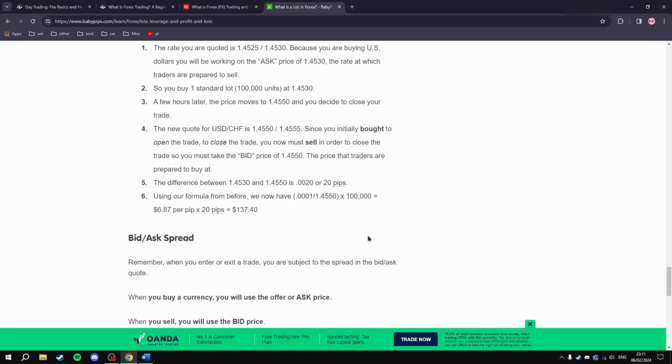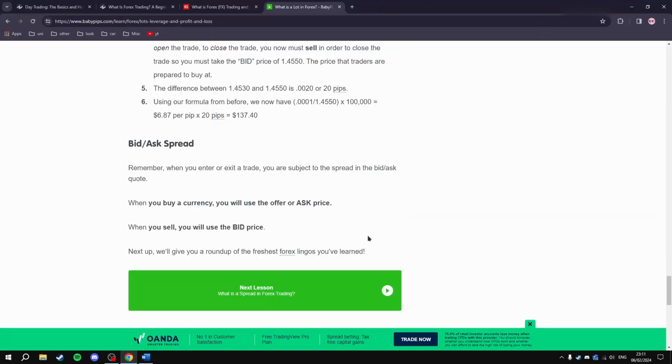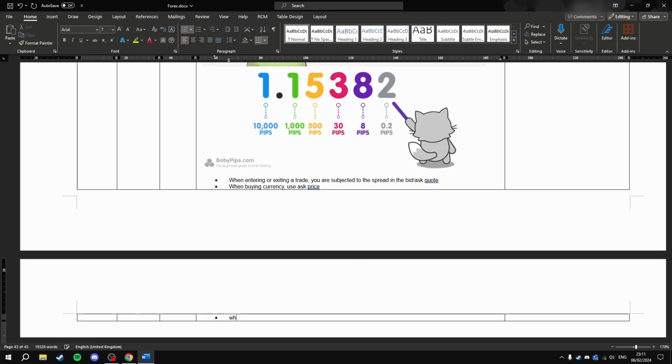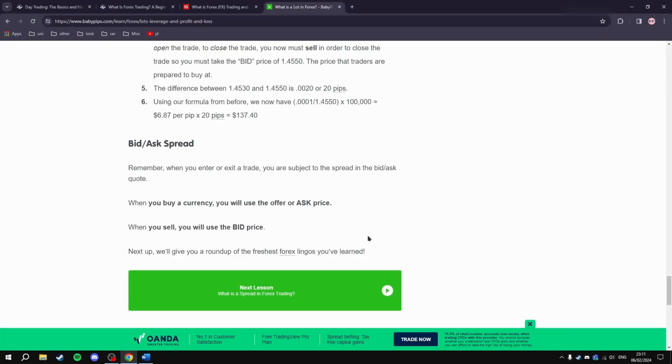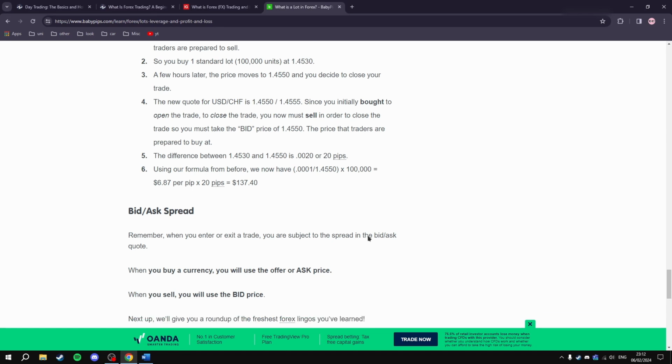When you buy a currency, you will use the offer or ask price. When selling currency, use the bid price. When you sell the currency, you will use the bid. So when you're selling it, use the bid. You must sell in order to close, so you take the bid price.